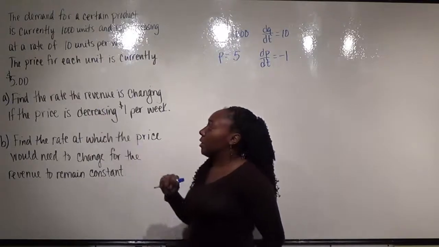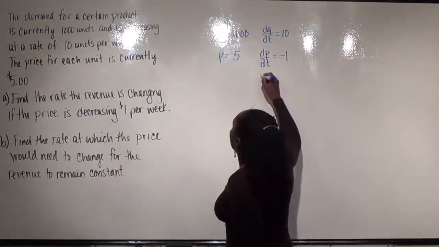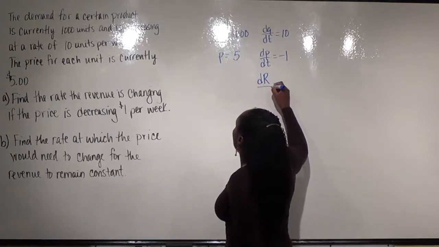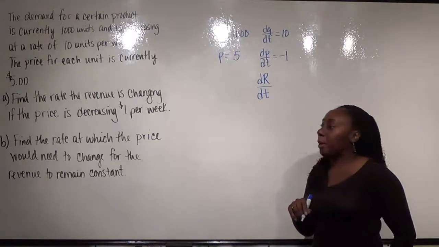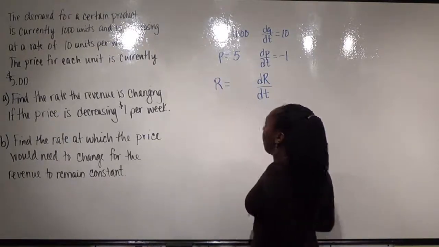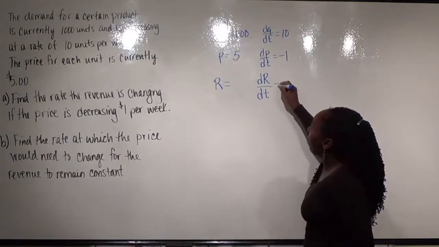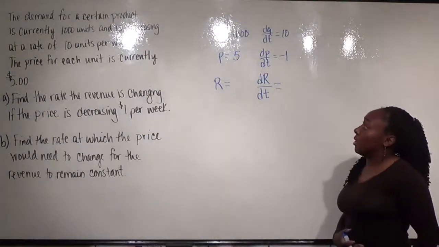Now, in our question here, this gives us a third variable. We're trying to find the rate the revenue is changing when this is happening. So this means I should also have a variable for R. And this is where our equation is going to come from.